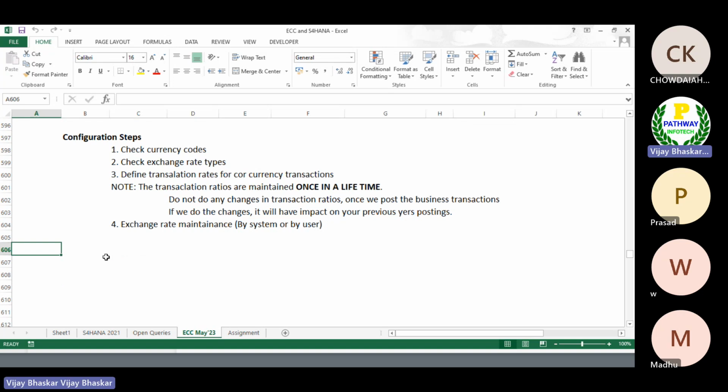Exchange rate. Let us assume every day in my organization, I'll give an example. This is a real time example, please remember.